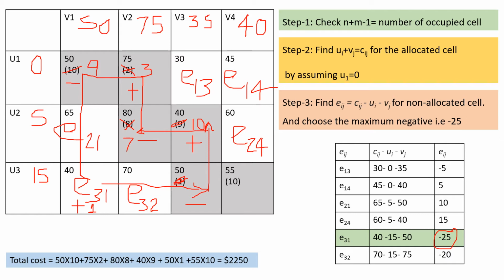By the way, using the northwest corner, we got a total transportation cost of 2,250. So for the optimum solution, we have to get a value which is less than this cost.